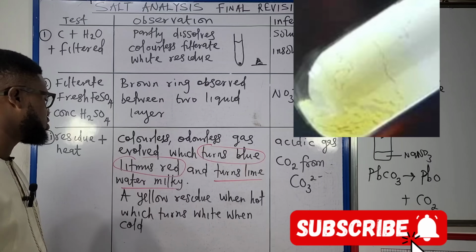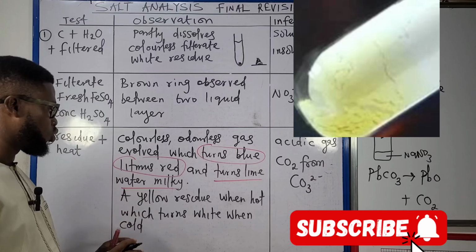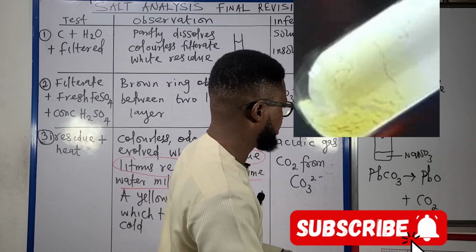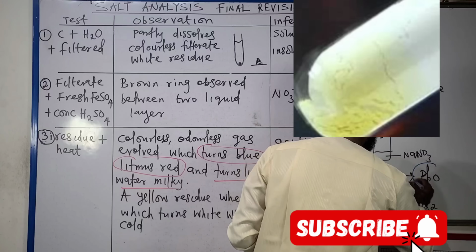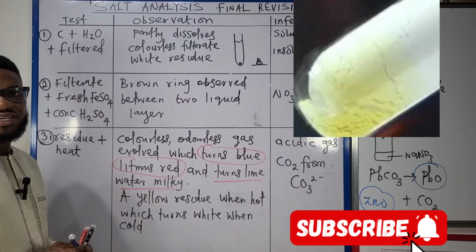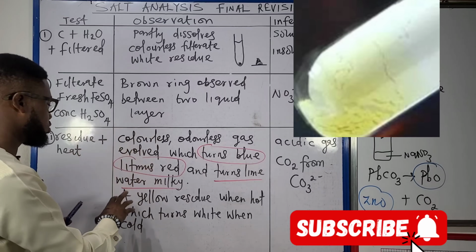It's not the only residue that when hot it is yellow, but when cold it is white. Zinc oxide does exactly the same. Zinc oxide and lead oxide, they exhibit the same feature here. When hot, they are yellow, but when cold, they turn white.